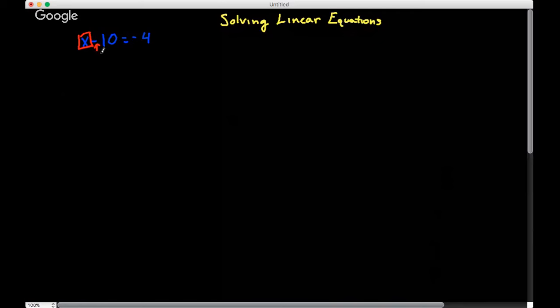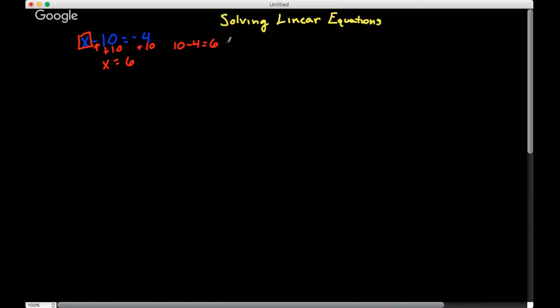You have a subtraction right here, and the opposite function of subtraction is going to be addition. So to solve for x in this situation, you add the 10 to both sides, x equals +6, because you have 10 minus 4, and that's going to equal 6. Okay, so make sure you think about doing the opposite function in situations like this.